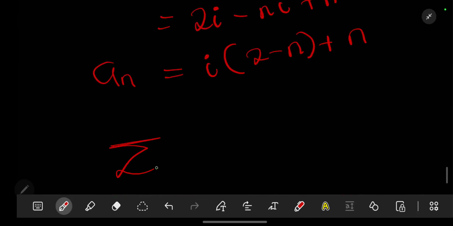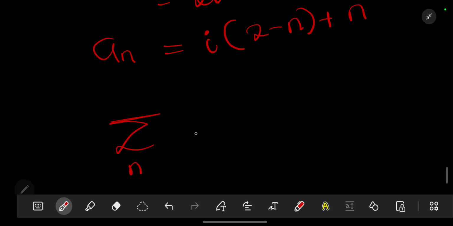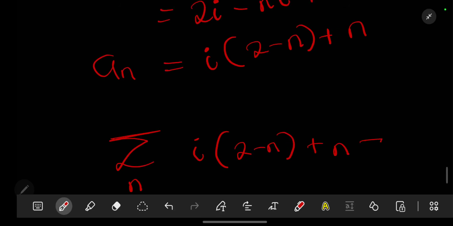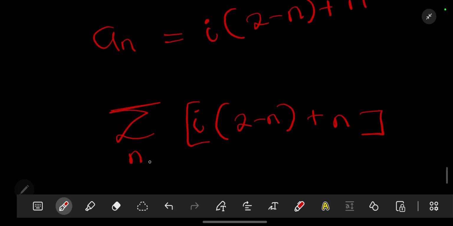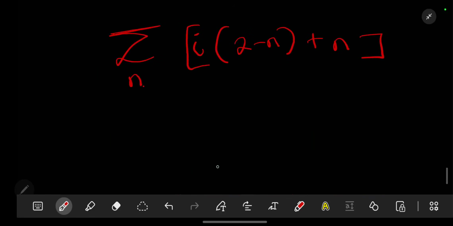So we are going to say the summation will be such that instead of using i, since i should not disappear, we are going to use n. But let's first write our i. Then we have 2 minus n. Then we have plus n. So this n will be equal to some value, let's see what is working. If we put 1 for n, it will be 2 minus 1, then plus 1, like that.